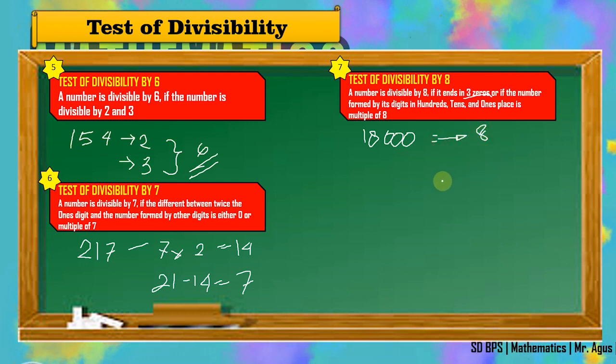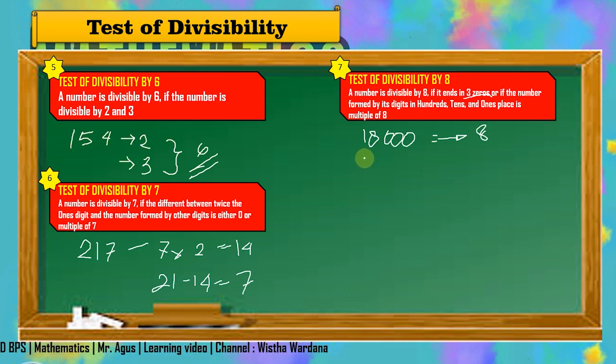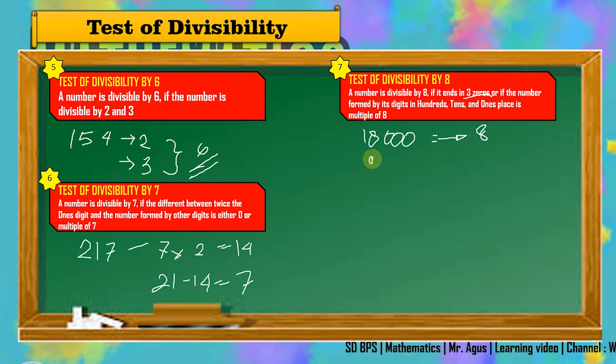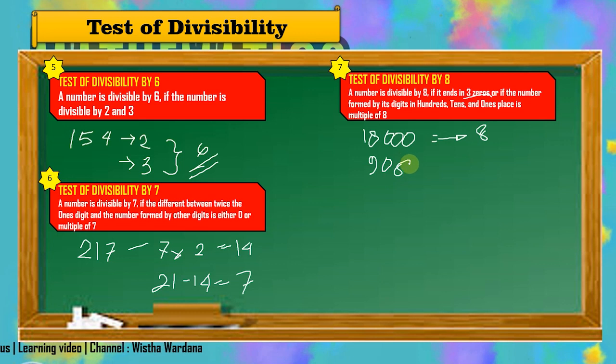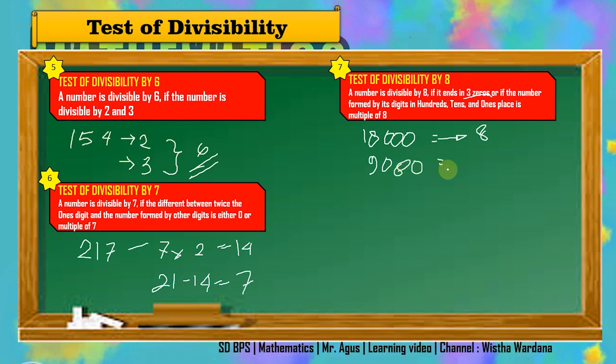Okay, I think this is easy. But if you want to find another number, for example 9,080, is this number divisible by 8 or not?